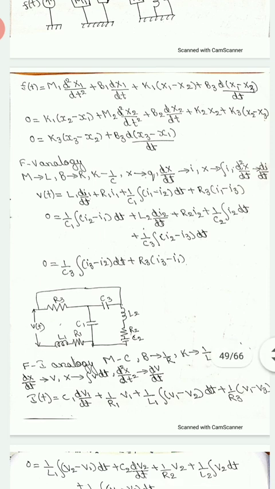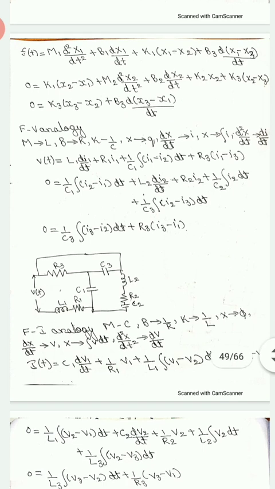Next you can see that L1 and R1 are connected to the first loop only. Next, for the second equation, 1 by C1, as I have said already, I2 minus I1, is connected to both loops I1 and I2. Next you can see C3, I2 minus I3, that means it is connected to the I2 loop and I3 loop.